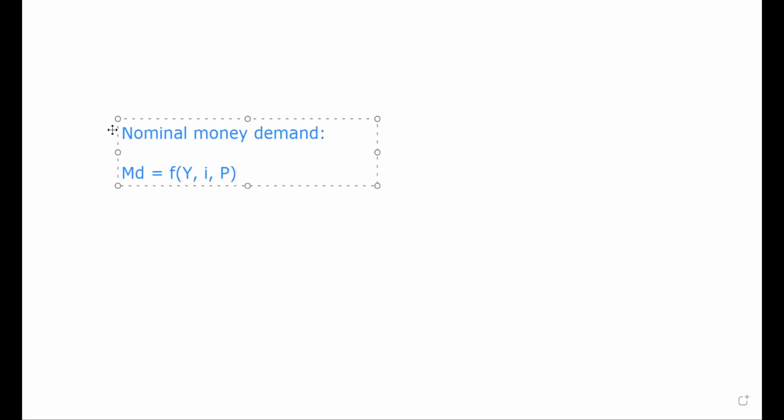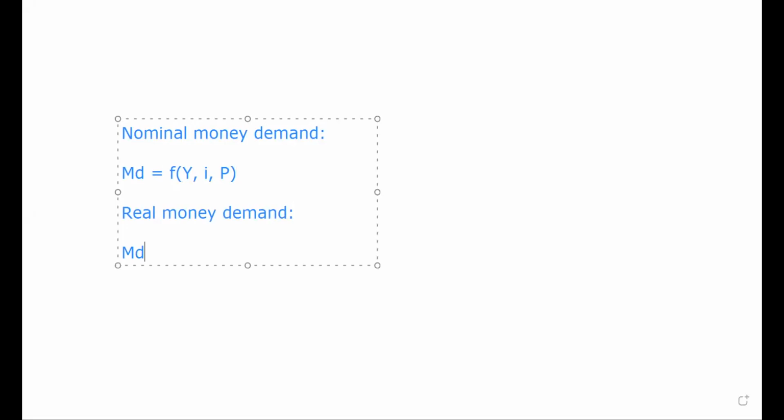This model can be transformed into real money demand. This means we have MD over P is equal to a function of real income, which means Y over P, and the real interest rate without prices.